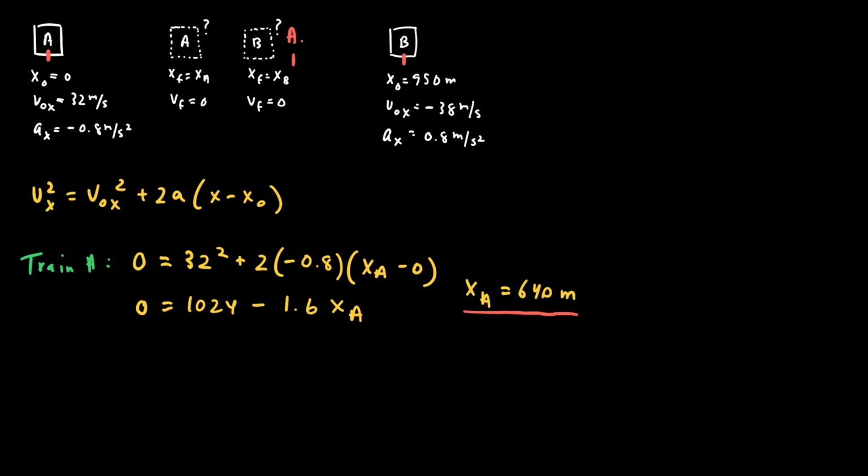And so now we should be able to do the same sort of thing for train B and figure out where along that position axis it should be.